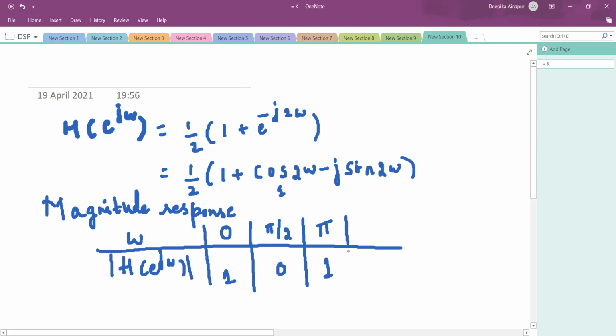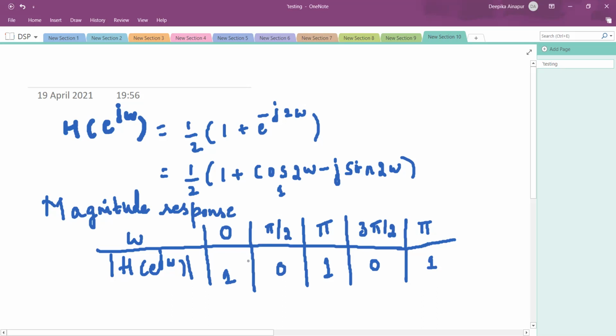When I substitute pi, I'm again getting 1. And then 3 pi by 2, in a similar manner, if you substitute and check, you'll be getting just 0. And then 4 pi by 2 means again just 2 pi. If I substitute, again I'll be getting 1.